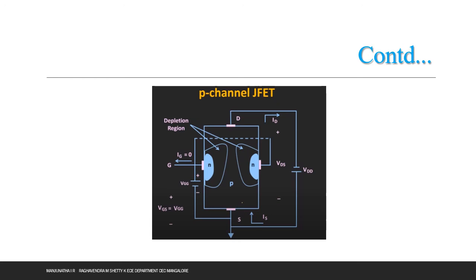We know that the JFET works under reverse bias. So now consider the P channel, where the majority charge carriers are holes and the minority charge carriers are electrons.